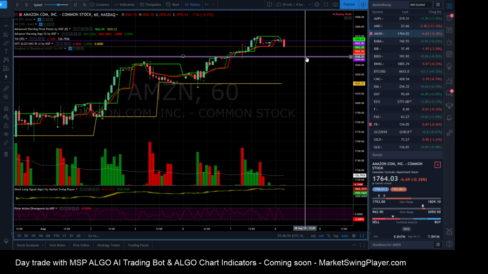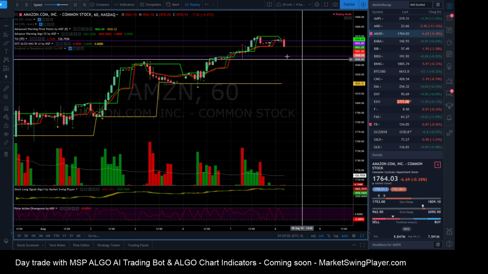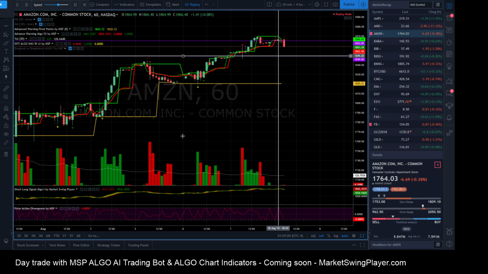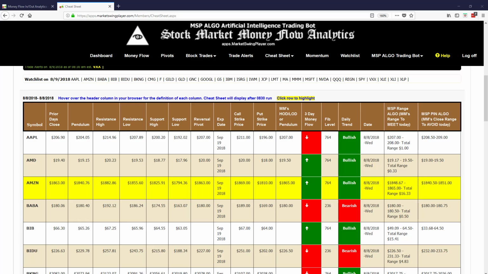Okay, so now let's see how this played out. Oh, we got one more thing we need to put on there. We got the range ALGO. Now we need the reversal pivot, and that was 1863.